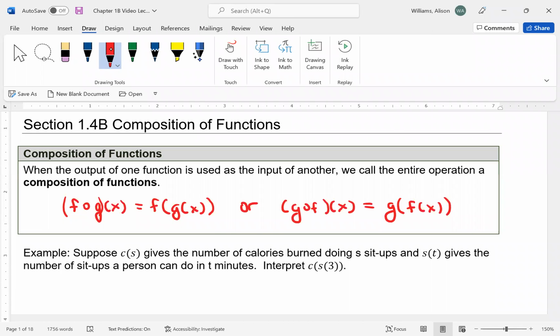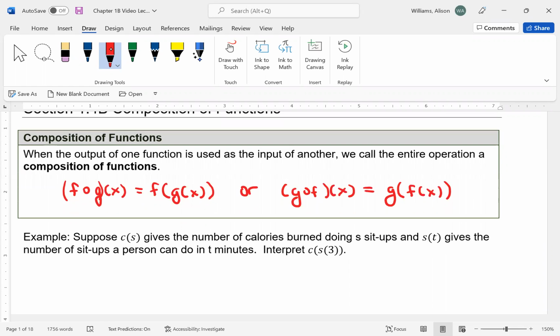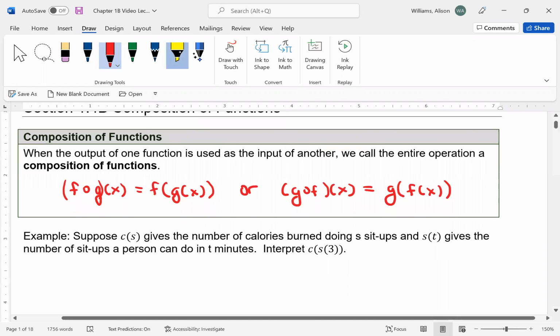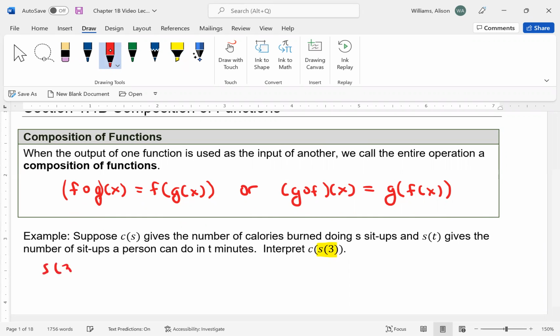So let's interpret C of S of 3. Let's start by what S of 3 means. I like to start inside with this. So S of 3 means the number of sit-ups in 3 minutes. So it's however many sit-ups this individual can do in 3 minutes.